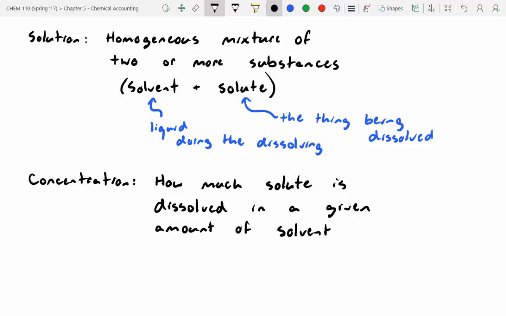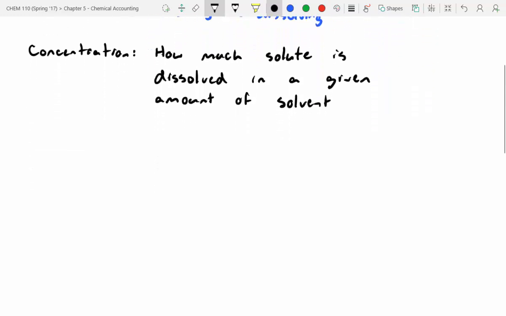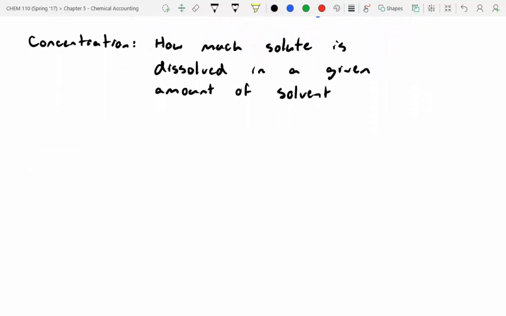So I'm sure if you've ever made simple syrup, you can make it really, really strong, syrupy sweet, or you can make it really, really weak, right? So concentration is basically a measure of how dilute or concentrated something is.